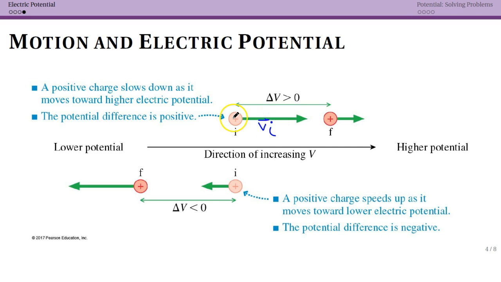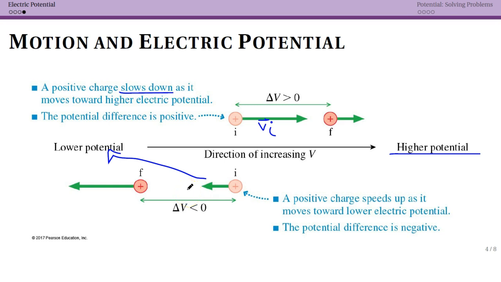If it's initially traveling in the direction of higher potential, it's going to slow down, right? So this is basically saying it's going uphill. If, on the other hand, it's traveling towards lower potential, then it is traveling downhill and it speeds up.